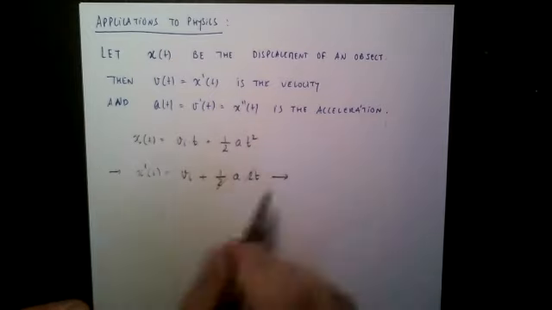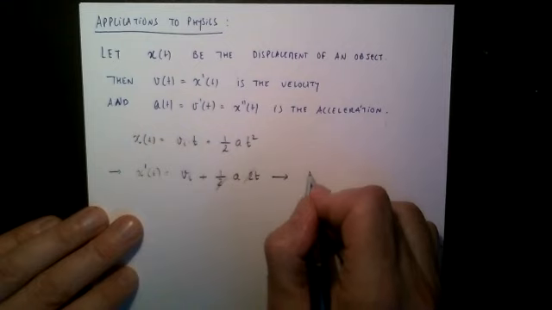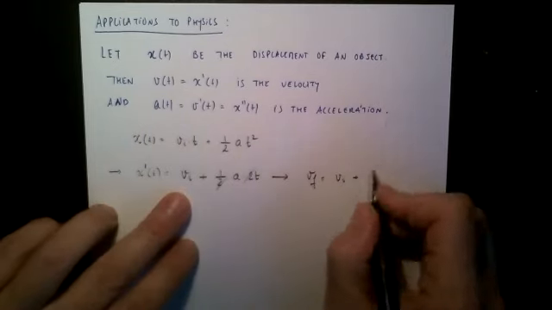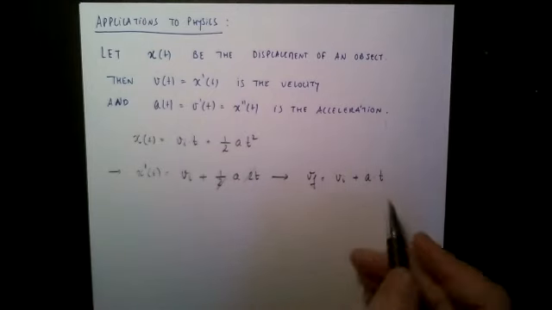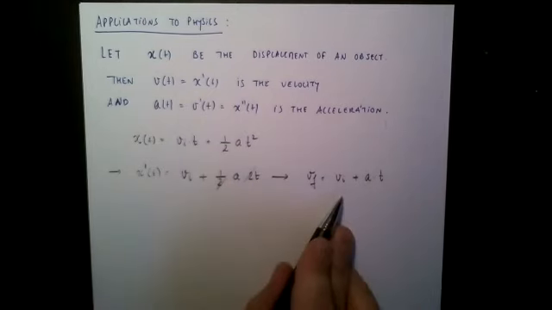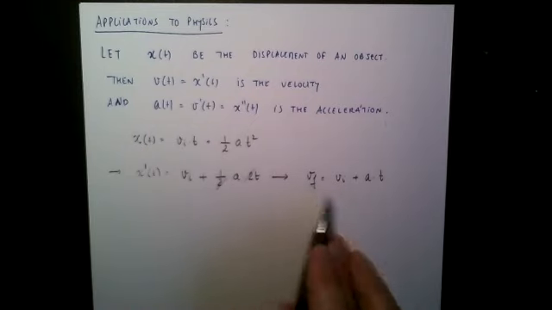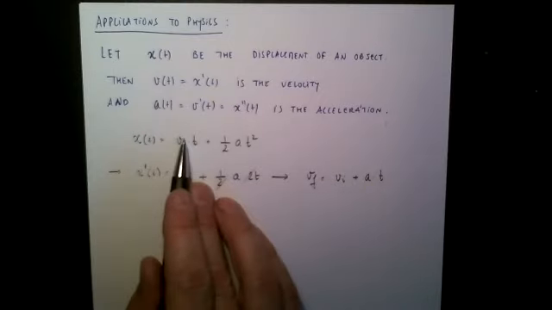And from here I get the velocity at time t, or the final velocity, equal to the initial velocity plus the acceleration times t. So that gives you one of the formulas that you know, right? You've seen this one, no? Vf equals Vi plus a t, or Vf minus Vi over t equals A. So we got one of the physics equations from doing a derivative.